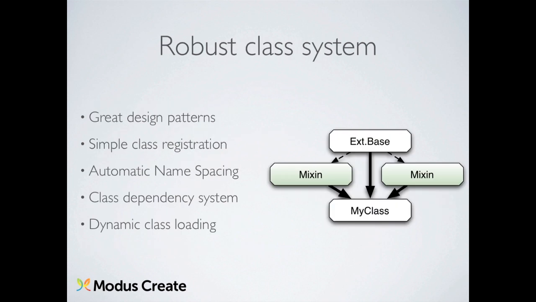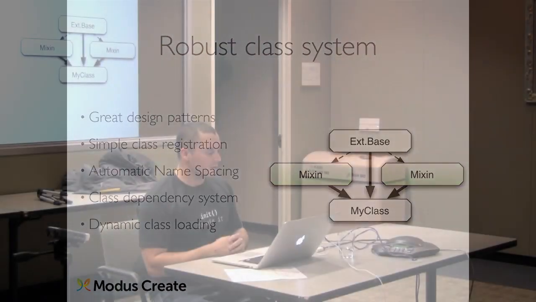So I talked a little bit about the class system. Now, the class system is like one of those hidden gems inside the framework itself. I always like to say that it implements great design patterns. I've had experience with a lot of different JavaScript frameworks and libraries out there, including ones that have their own class system. And Sencha Touch is one of those class systems that seems to be very well thought out.